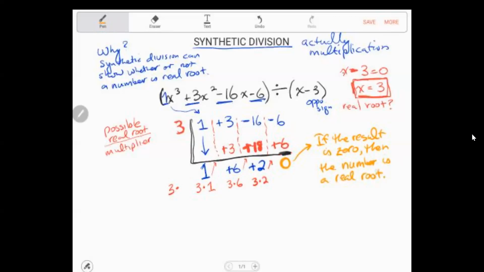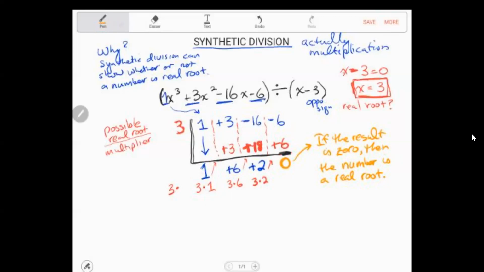Okay, so in this case, we can say that 3 definitely is a real root of this equation, right? And we could check that if we wanted to on Desmos, for instance, another way to check if real roots are there. All right. And we just have one last step here.